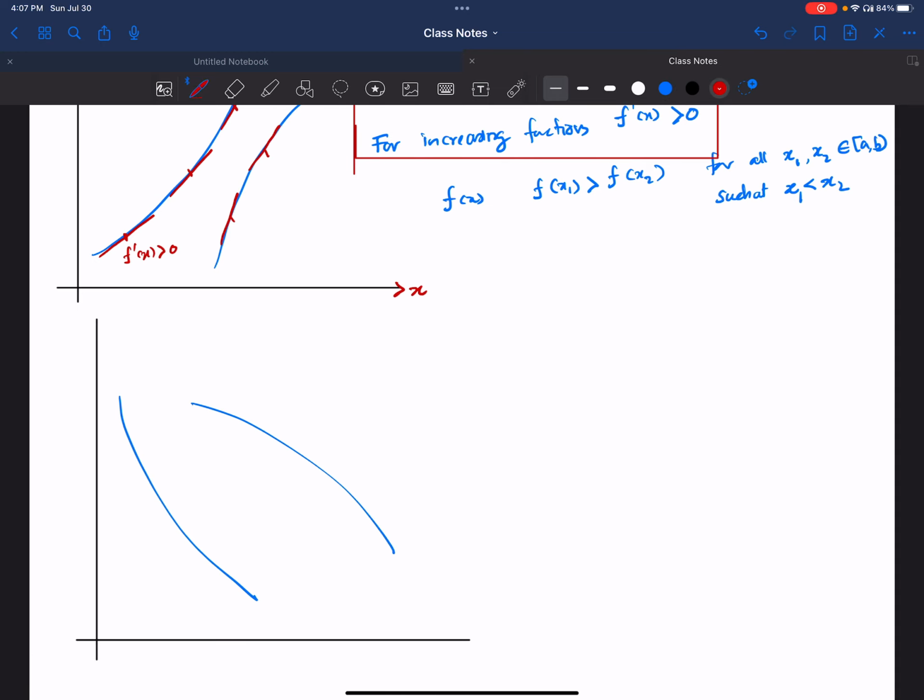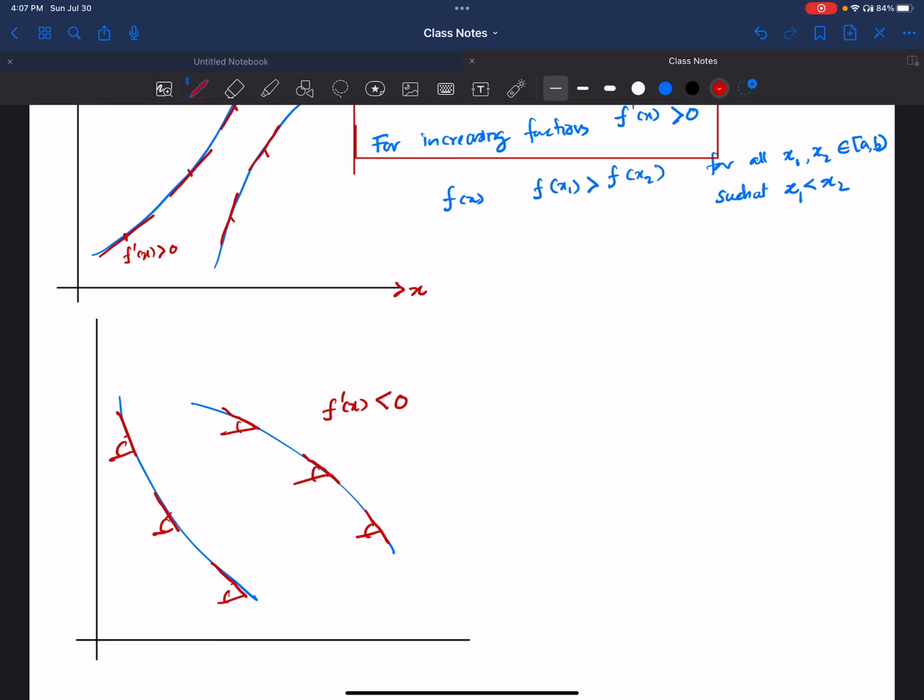So you can draw tangents at any points, and here is the same tangent at any point. This tangent line, slope of the tangent line, that is the derivative at the respective locations, f prime of x less than 0.